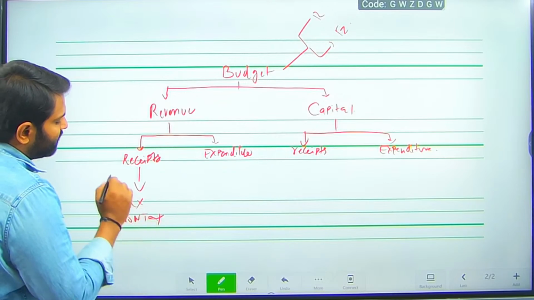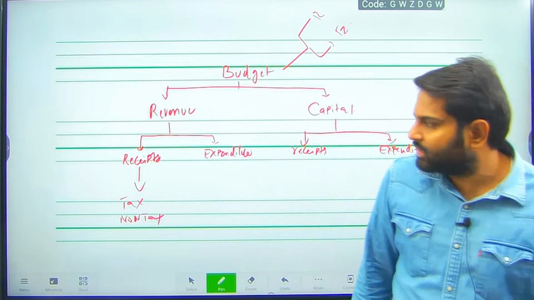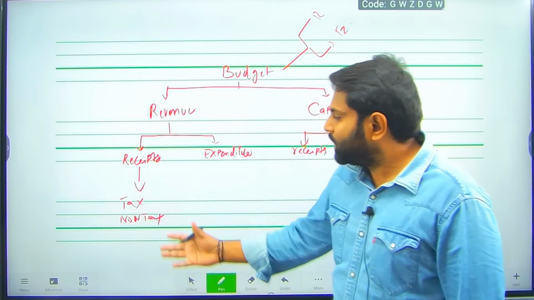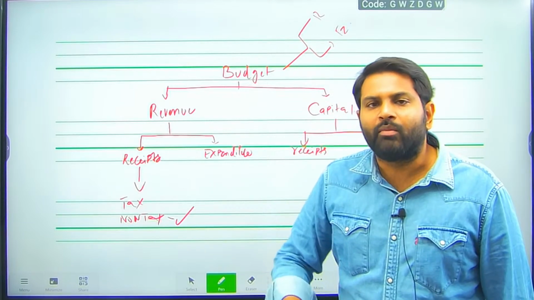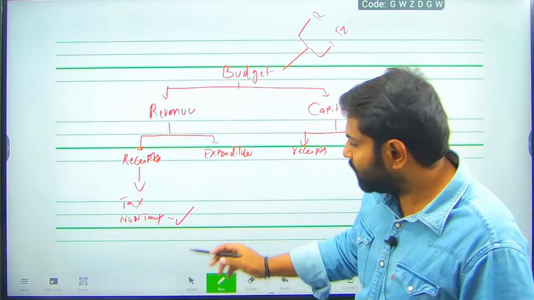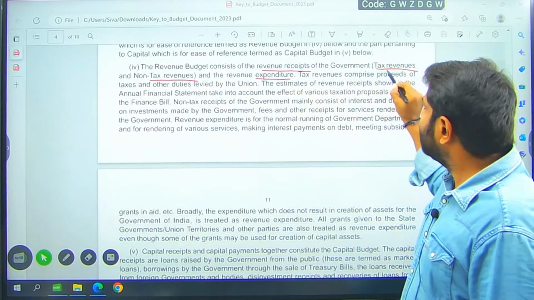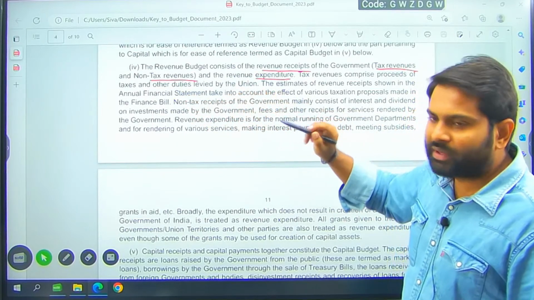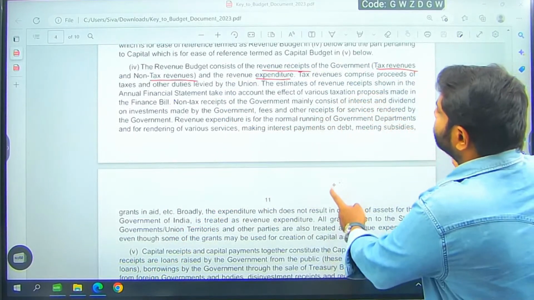Tax receipts like GST, income tax, all these are tax receipts, how the money is coming into the government coffers. Next one, non-tax revenue like the royalties and the amounts which are due for government of India, right?